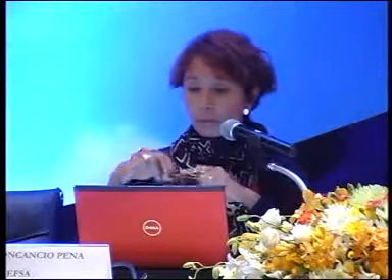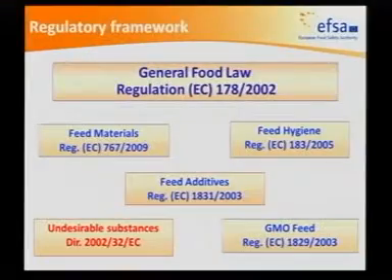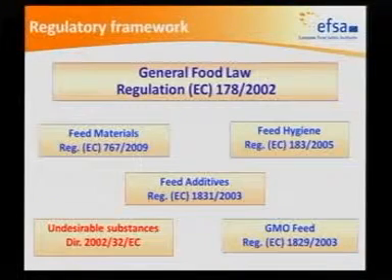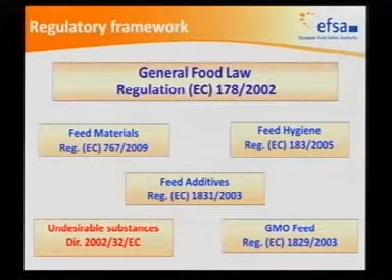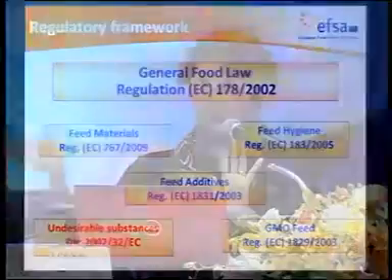We also have the basic regulation, which is the Feed Hygiene Regulation, 183/2005. This regulation provides all the measures for the manufacturers to ensure the hygiene of the products. So this is a basic regulation that has to be followed by all manufacturers in Europe.